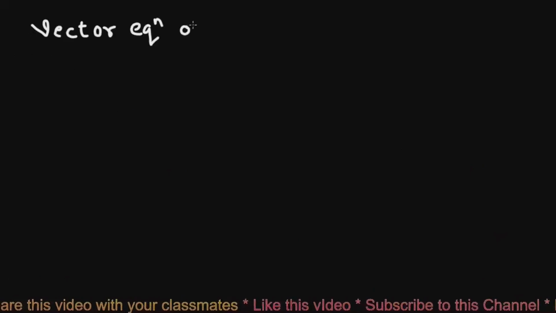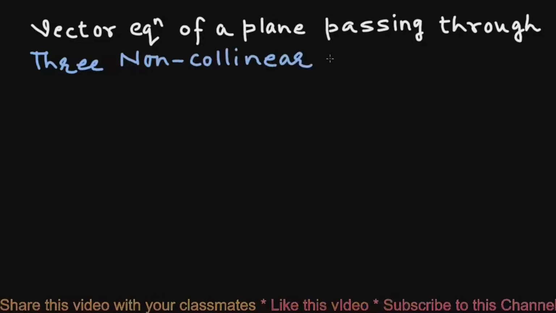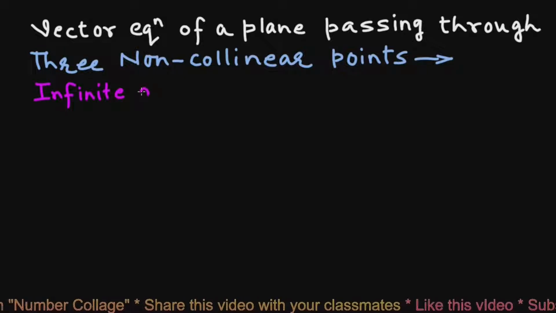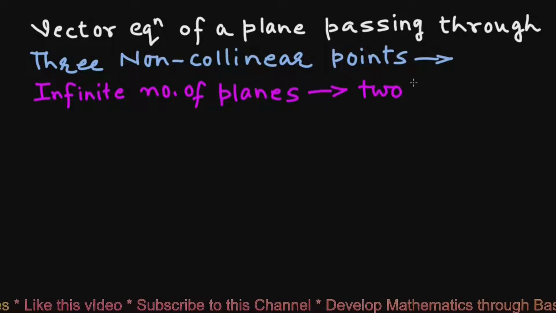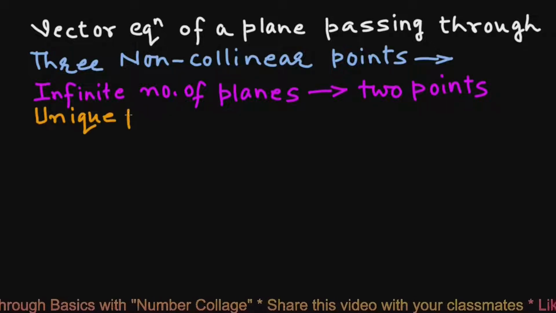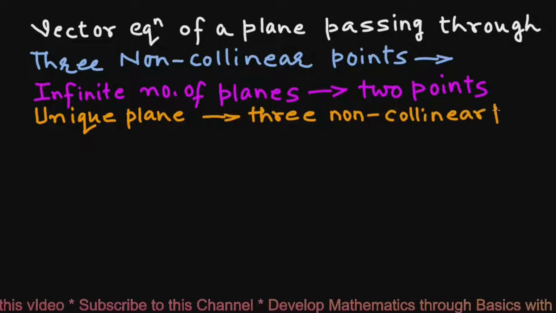Next we will find the vector equation of a plane passing through three non-collinear points. We know that there are infinite number of planes passing through 2 points, but there is a unique plane passing through three non-collinear points.